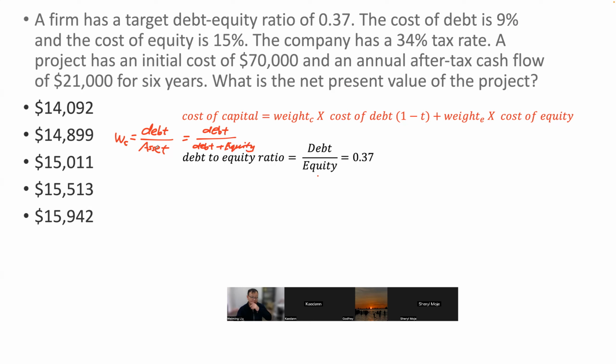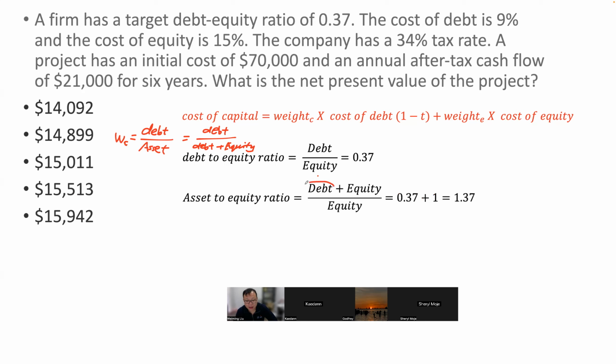Knowing this, we learned from the question the debt to equity ratio. The debt to equity ratio is expressed mathematically as debt divided by equity. That's the ratio, and it equals 0.37. So what about the asset to equity ratio? Asset equals debt plus equity, divided by equity.